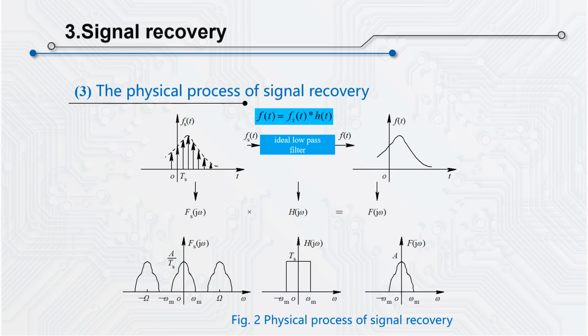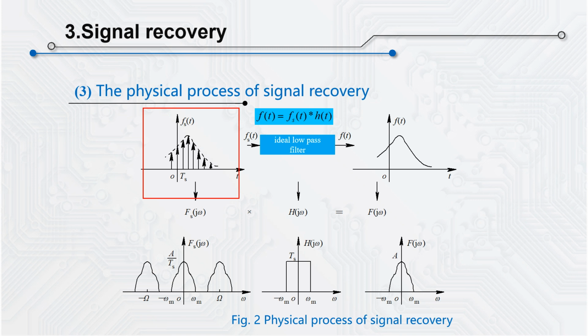The working process of signal recovery can be represented by Figure 2. This is a sample signal. It enters an ideal low-pass filter. This process corresponds to convolution operation in time domain. The output of the ideal low-pass filter is f(t). In frequency domain, to recover the original signal is to multiply H(jω) by Fs(jω), and the output is F(jω).